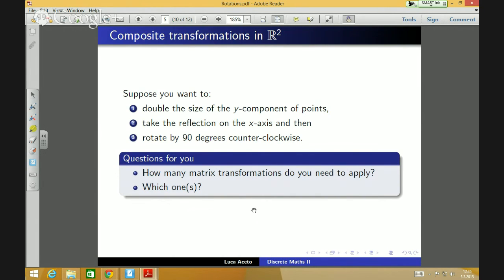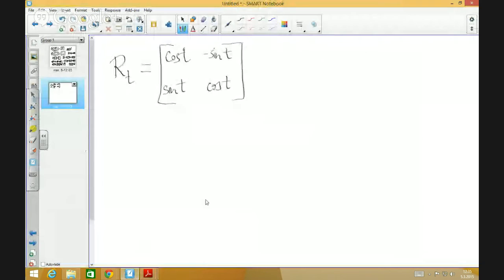Okay, so let's try to do that. The first thing is, let's double the size of the y component of a vector. That was step one.